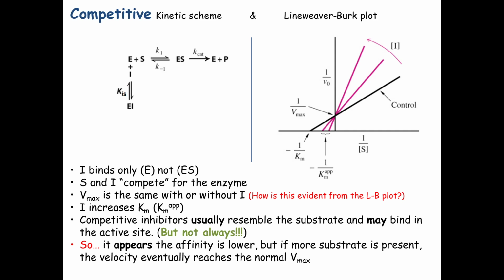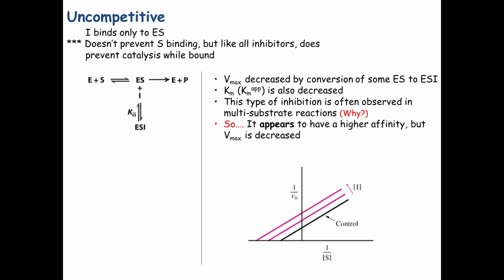Okay? Let's do that same analysis for uncompetitive. Here we have E and S binding to form ES again. ES can fall apart to E plus S one more time. Under these conditions, with an uncompetitive inhibitor, it's actually involving the ES complex in another reaction. It's removing the right-hand side this time. So what's going to happen to compensate?